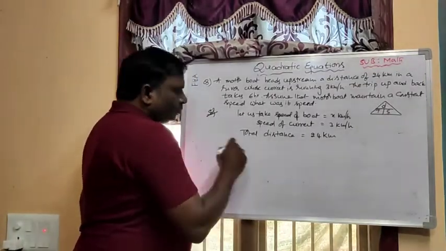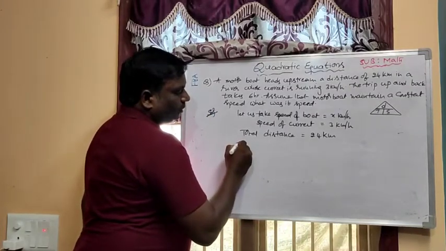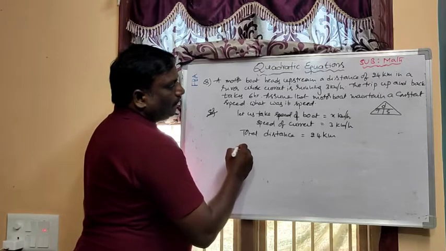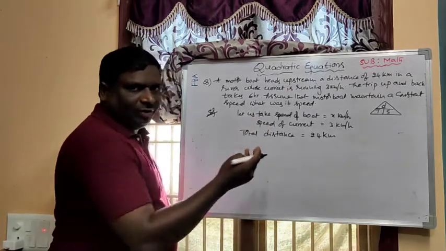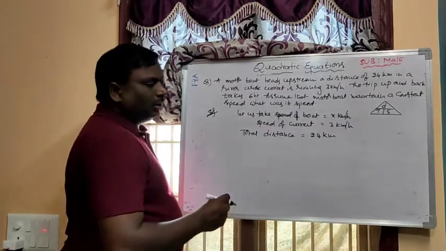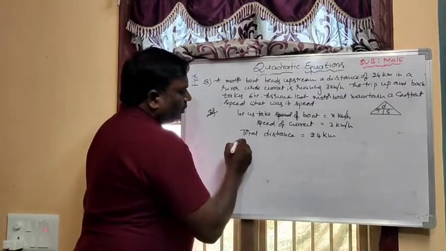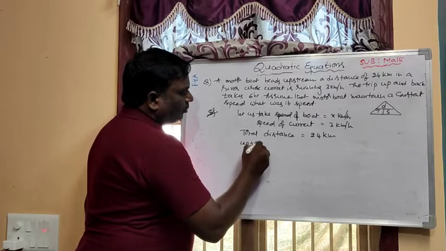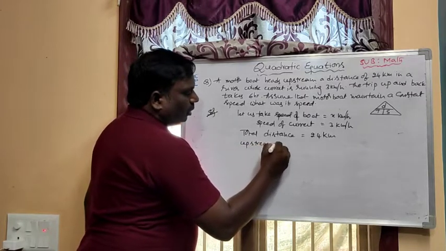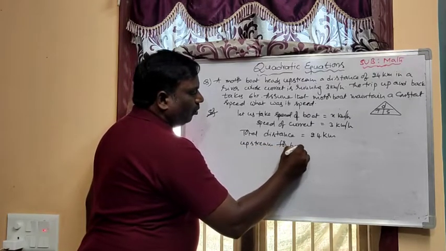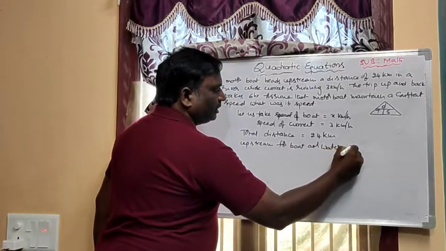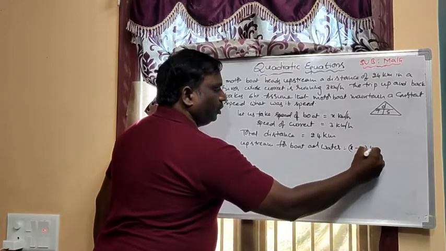Now, upstream and downstream we need to find here. So for upstream, for boat and water, that is x minus 3 kilometer per hour.